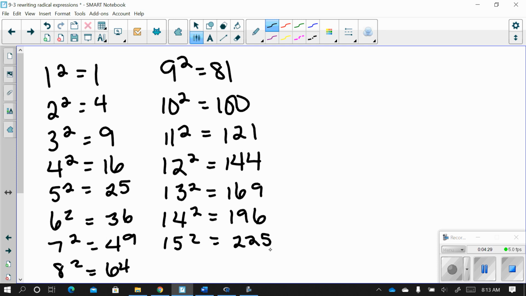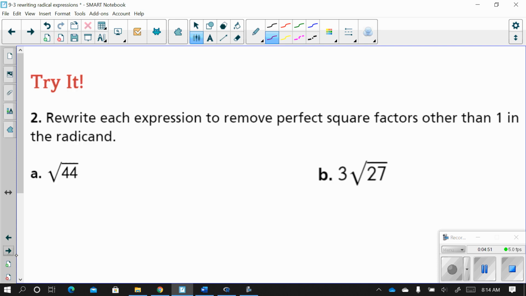You should know these. You need to know them frontwards and backwards. What I mean by frontwards and backwards: 9 squared is 81, and you should also be able to tell me the square root of 81 is equal to 9. You might have a pop quiz on these sometime soon, so make sure you know those. These are going to help you when you're reducing radicals.